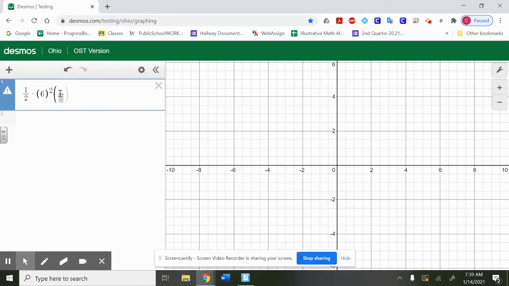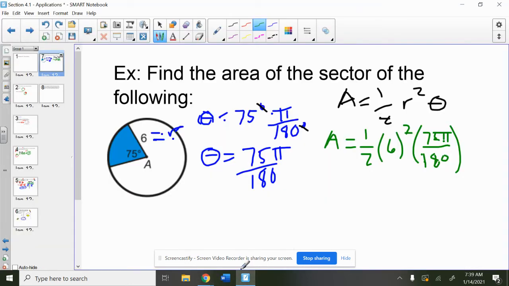So 75 and then pi over 180. And so then typing that all in, that gives me 23.56. Look for any units. Other than degrees here, this doesn't tell me 6 meters or 6 inches or 6 centimeters, so we can leave this and just say that this is how many units they are.